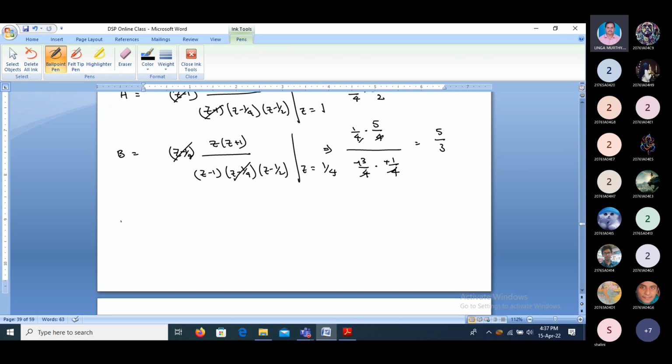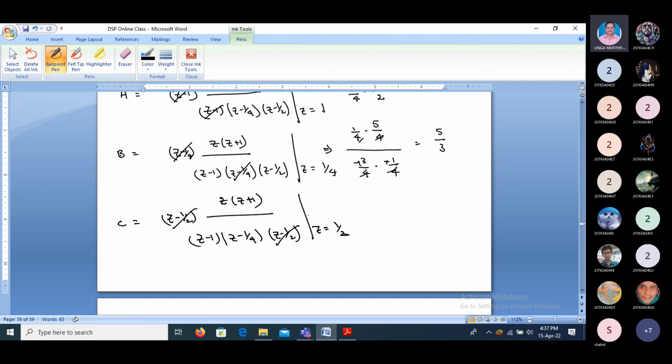Next, similarly for the value of C, it is (z minus 1/2) times (z plus 1) divided by (z minus 1)(z minus 1/4)(z minus 1/2) at z equal to 1/2.